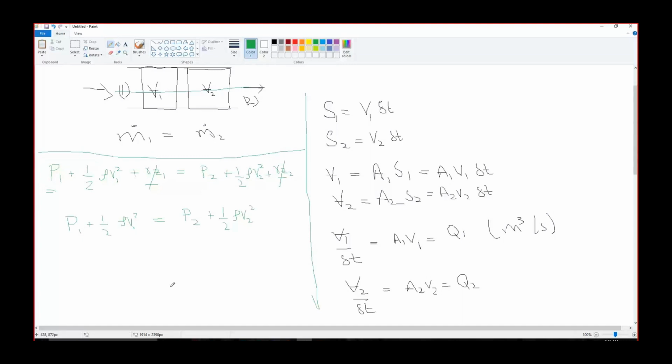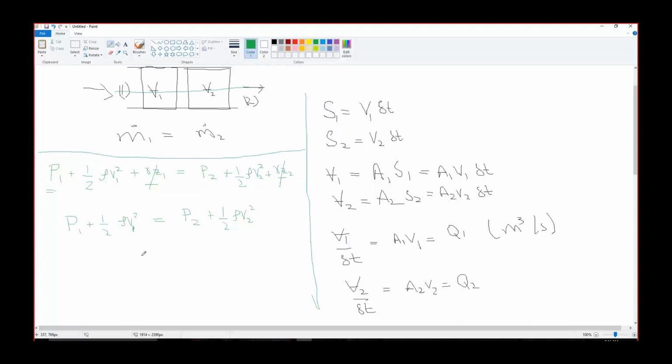Now what we are seeing is that if we know P1, V1 and P2, then we can calculate V2. But normally the scenario is that there are two unknowns. Let's say we can measure P1 and P2, but we cannot measure V1 and V2. So we need an additional equation. From where do we get that additional equation?